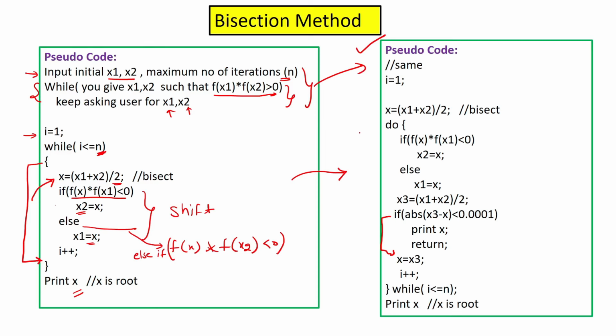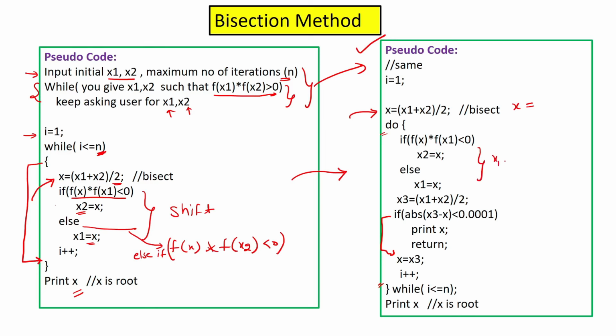Now after that, as you know, in this second version we have to find the difference between the x of the previous iteration and the current x of the current iteration. So we have to take care of the previous value of x also. We have found the value of x, so let's say some value of x has come. Now in this do while loop, we are checking this condition.